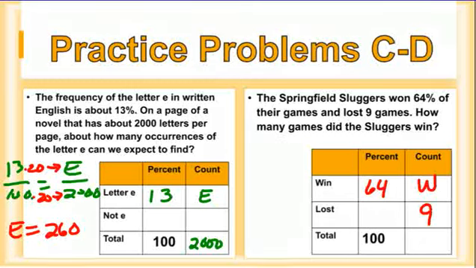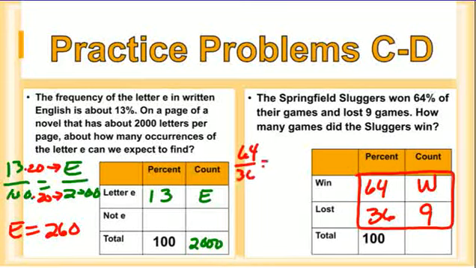Now I can figure out the percent that they lost. The percent that they lost would have been 36. So I'm going to use these 4 here to find my W. So 64 over 36 is the same as W over 9.